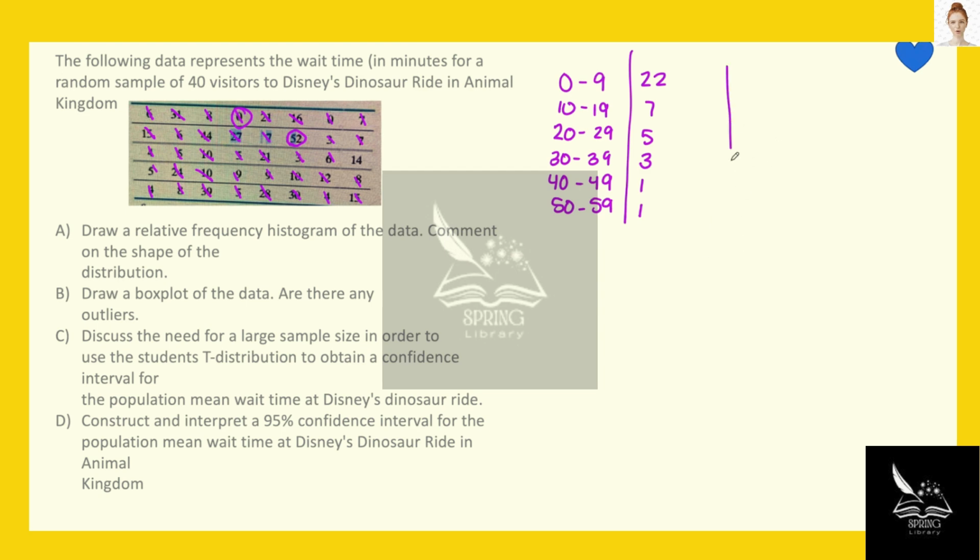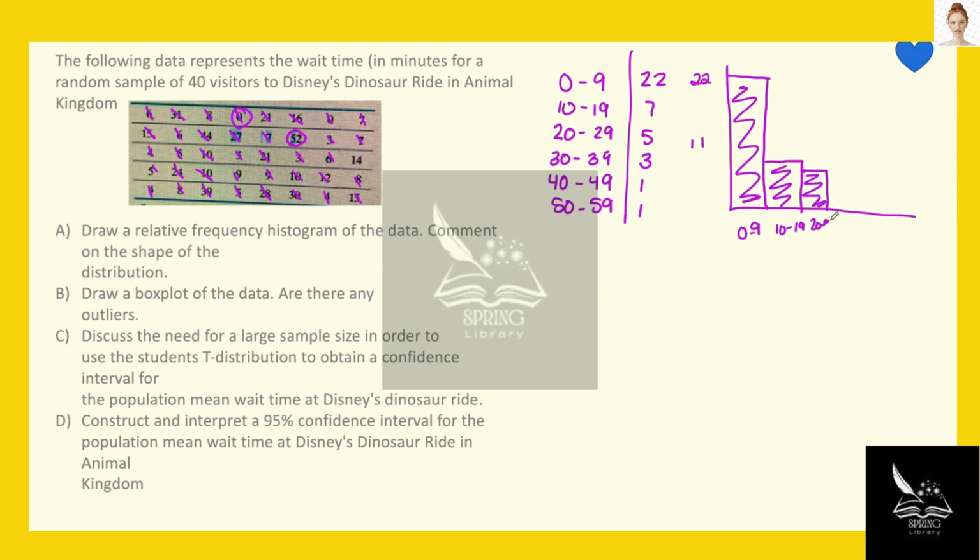If I was to make my histogram and say 22 is up here, and then we have say 11 here, and then 0 to 9, it would be like this. Then we have 10 to 19, about right here. Then 20 to 29, and that's 5, so it's a little bit less.